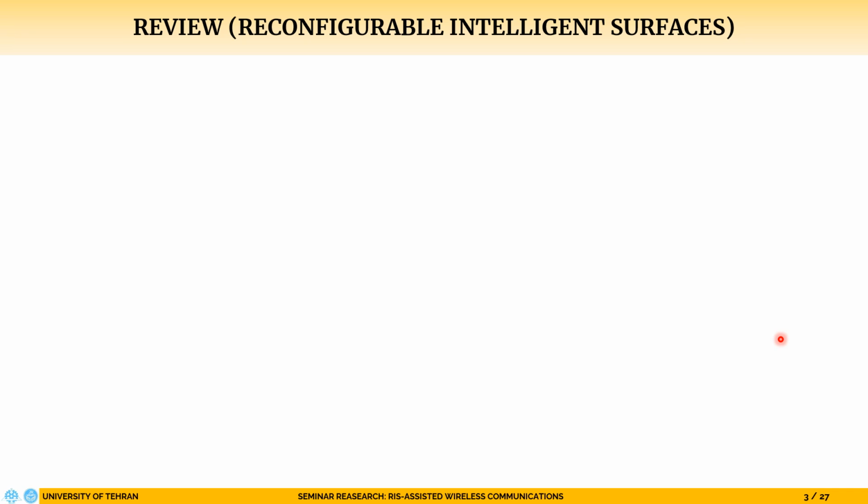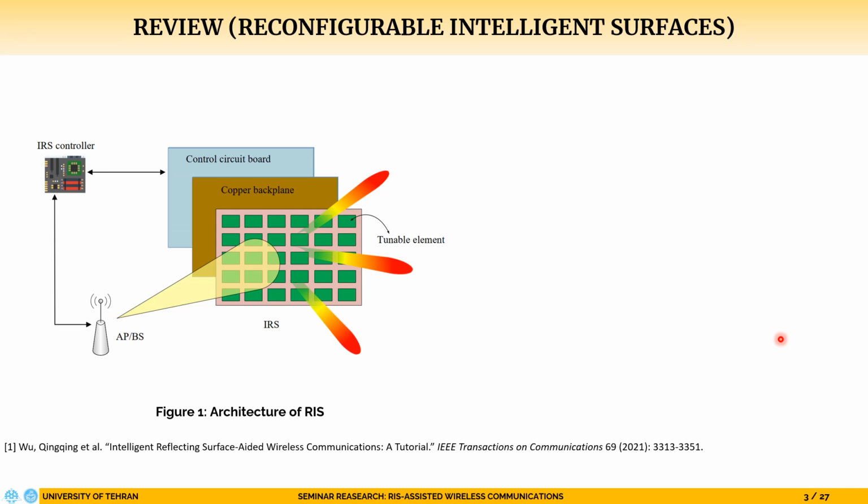Okay, we first review some of the fundamentals of the first presentation. This is a reconfigurable intelligent surface which consists of several elements, for example, dipole elements on its surface.